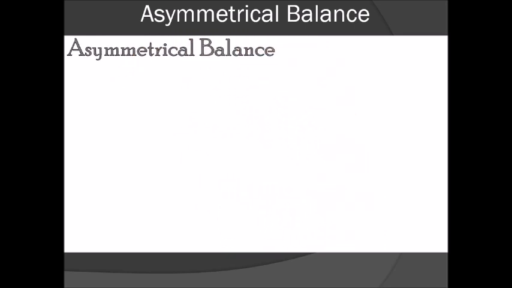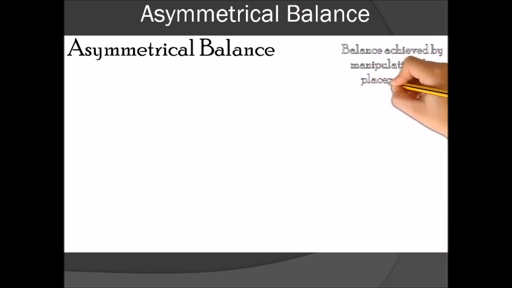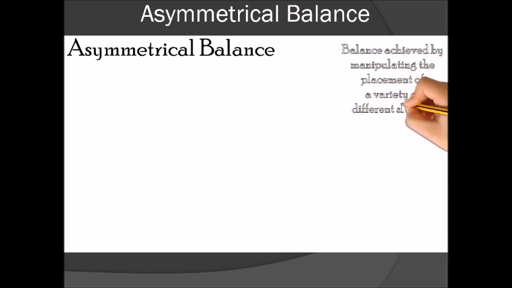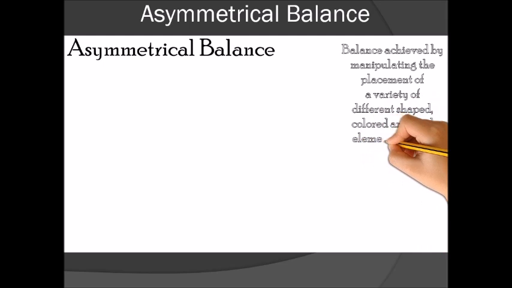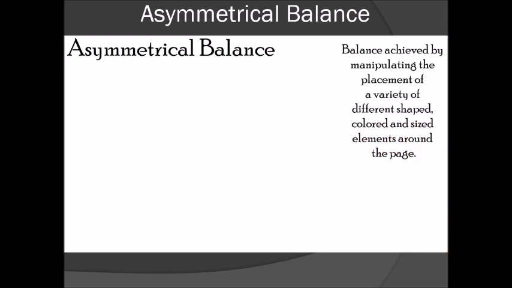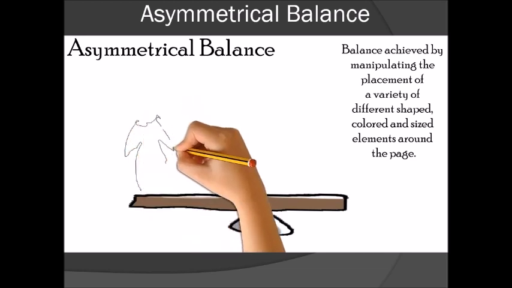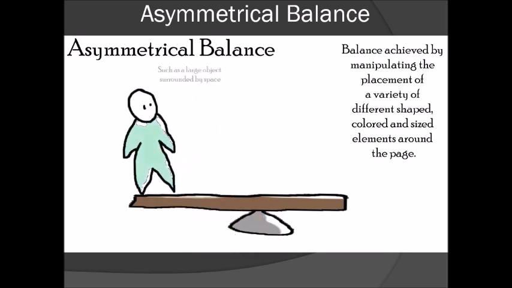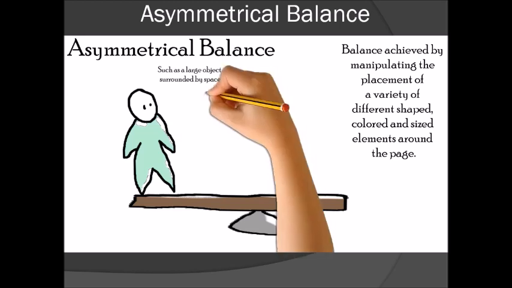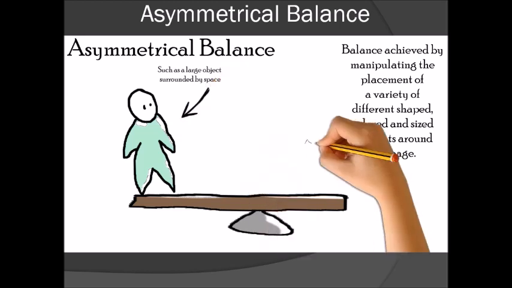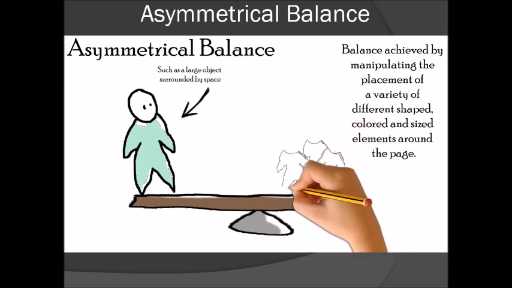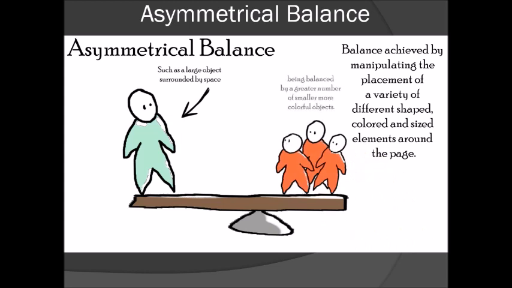Asymmetrical balance. Balance achieved by manipulating the placement of a variety of different shaped, colored, and sized elements around the page. Such as a large object surrounded by space, being balanced by a greater number of smaller, more colorful objects.